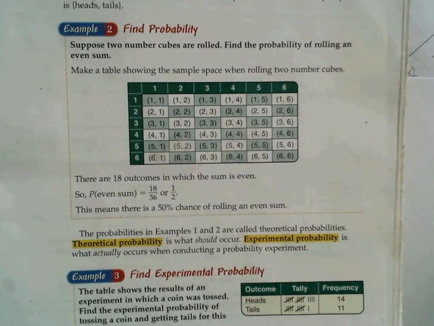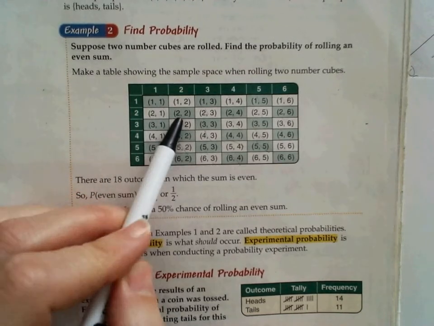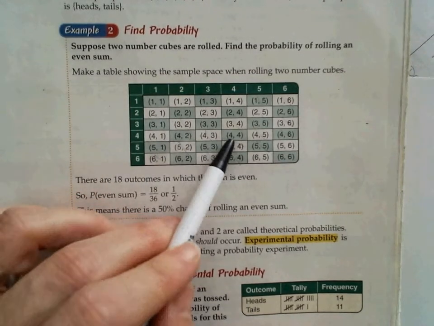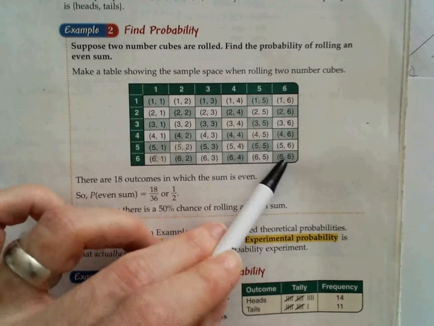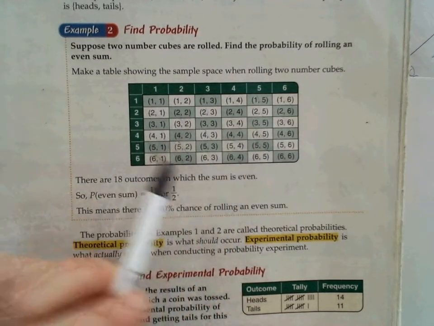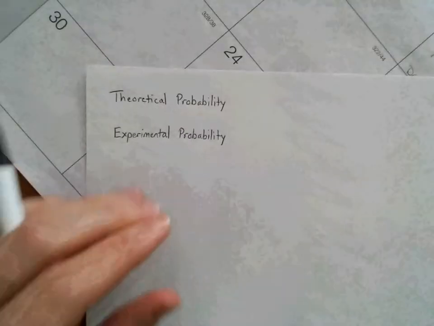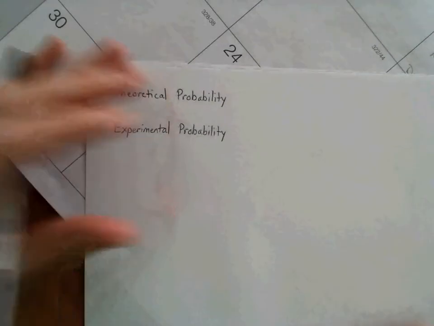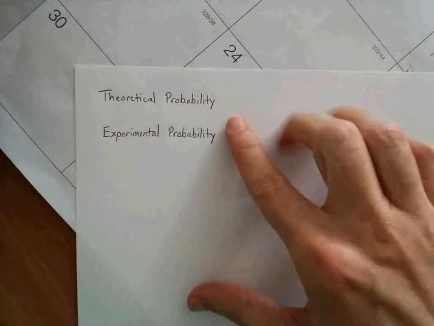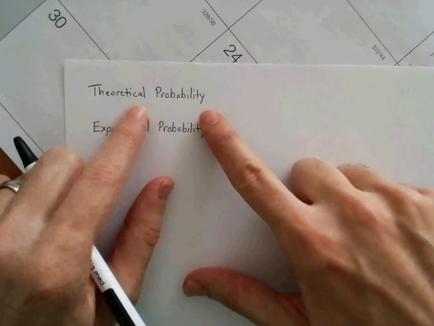We're going to talk about rolling doubles today. Looking at this chart, you have 1,1, 2,2, 3,3, 4,4, 5,5, and 6,6. So you have 6 possible doubles out of a total of 36 possible outcomes. Now I'm going to start on experimental and theoretical probability. First, we want to find the theoretical probability, remember, that's what should occur.